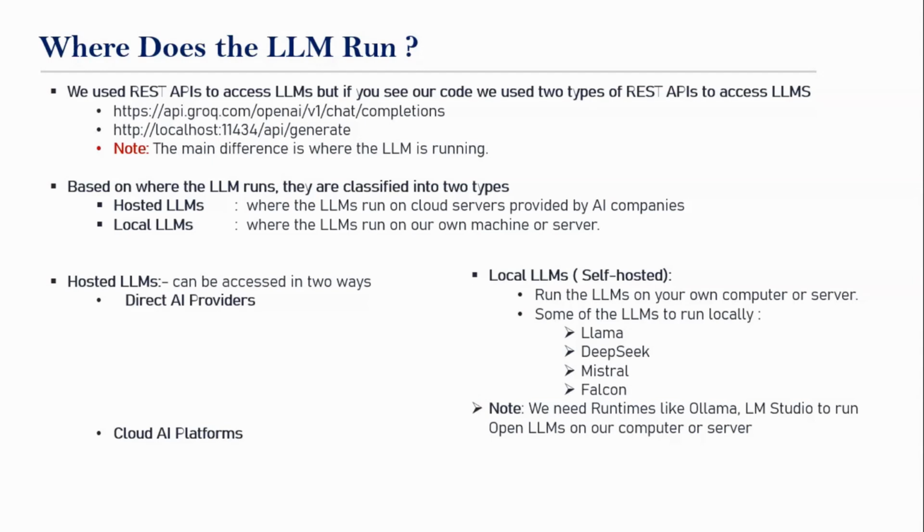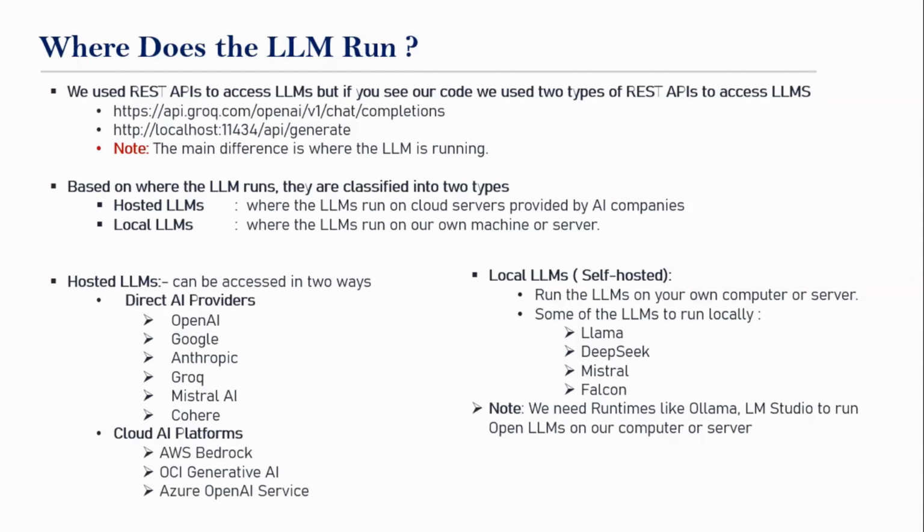If you go with direct AI providers, these are organizations which are providing LLMs as REST endpoints. Now, cloud AI platform LLMs are offered by cloud AI platforms, but they are built on top of AI providers' LLMs only and are available as REST endpoints for us to use.